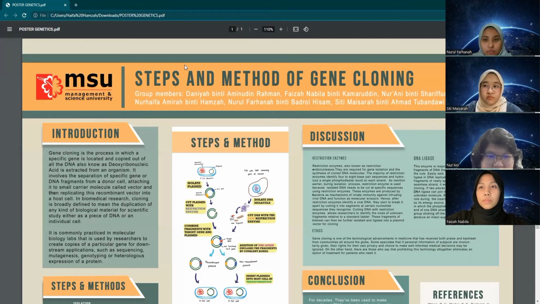In biomedical research, cloning is broadly defined to mean the duplication of any kind of biological material for scientific study, either as a piece of DNA or an individual cell.